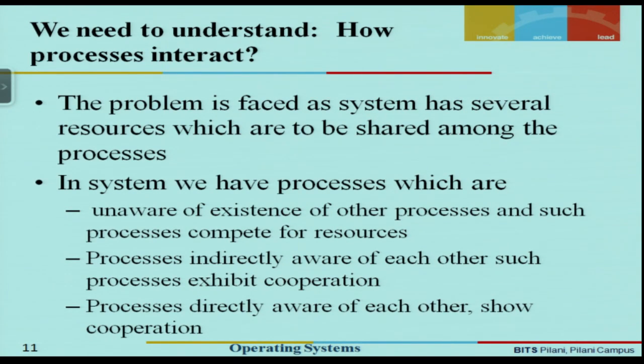Then they can actually cooperate. One friend can decide that he is going to read the book in the morning, and the other friend can decide that he is going to read the book in the evening. So there can be cooperation, and the contention can actually be avoided. So broadly, these are the three different categories in which processes can be there.